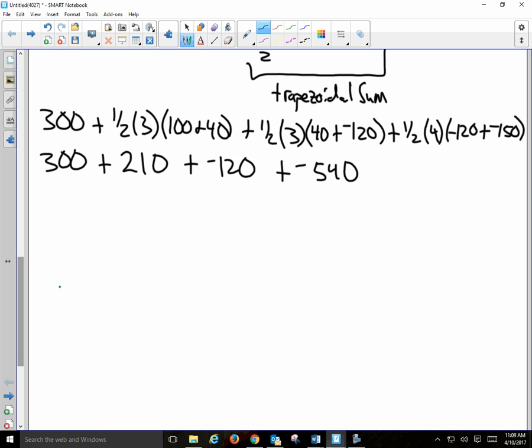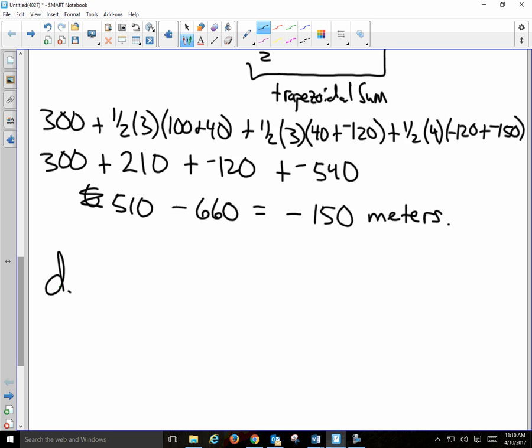So it looks like here we have 510 minus 660. Negative 150 meters is its placement. So it's 150 meters to the left of the origin train station. Okay?